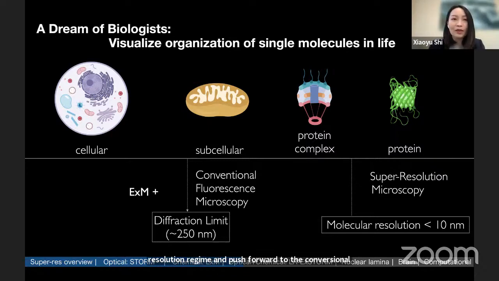Then it would be easier for any biological research lab to achieve molecular resolution without an electron microscope nearby.